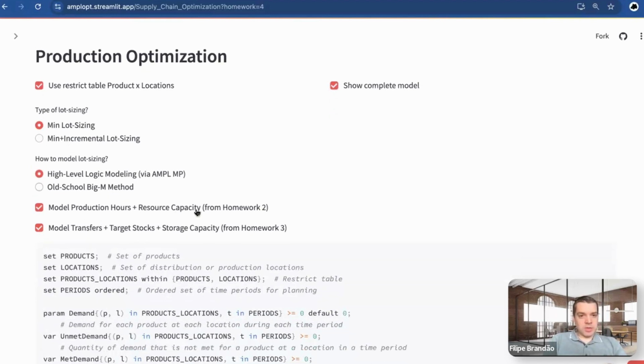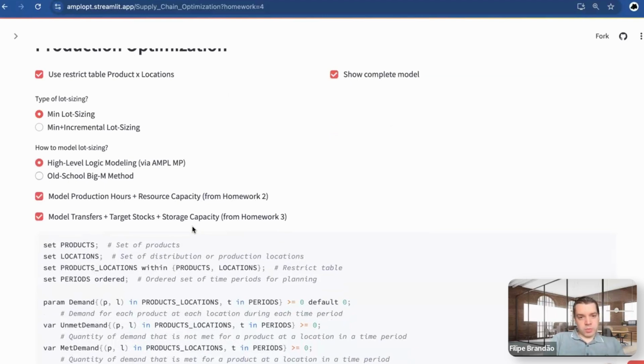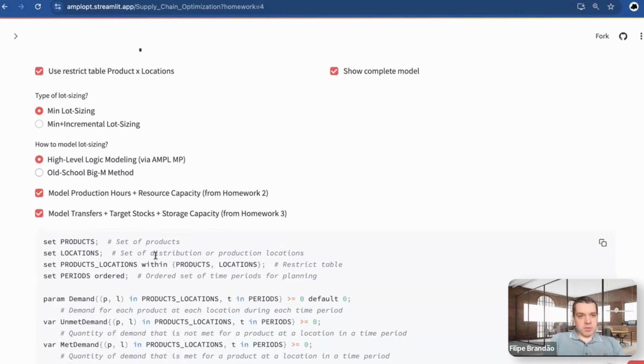And also here you have checkboxes where you can simplify the model, essentially removing what we learned in homework 2 and homework 3. But for the model to really produce results that make sense, it's important to have this enabled, because for instance, if we don't have transfers, you are going to be missing demand in the market because you are not able to produce there. So it is important to keep them here, even though the model is going to have the full complexity with everything, and means that I need to scroll down more to get the lot size.